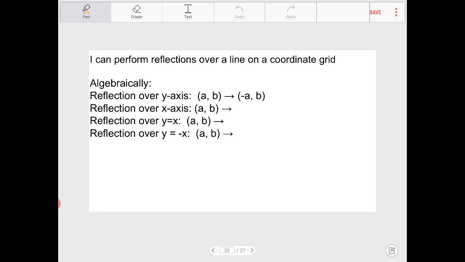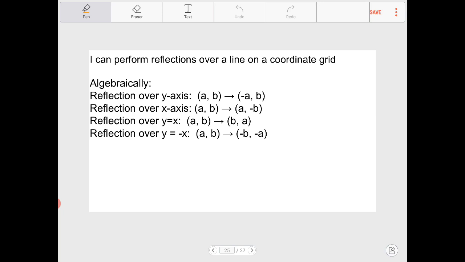So I end up with A comma negative B. If I'm reflecting over the line y equals x, then the x and y coordinates end up flipping. So it becomes B comma A. If I'm reflecting over the line y equals negative x, not only do they flip, but they get flipped and negated.